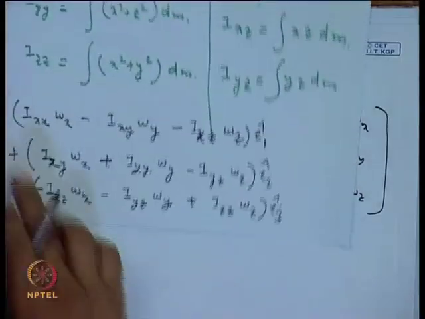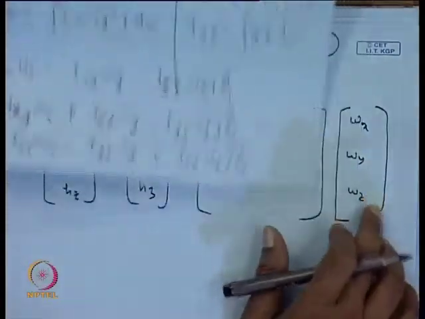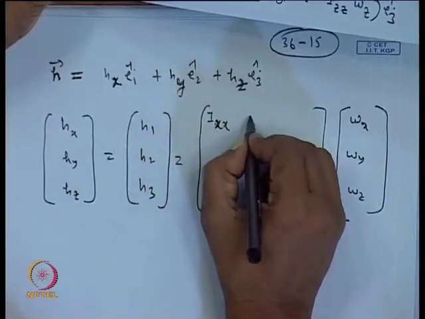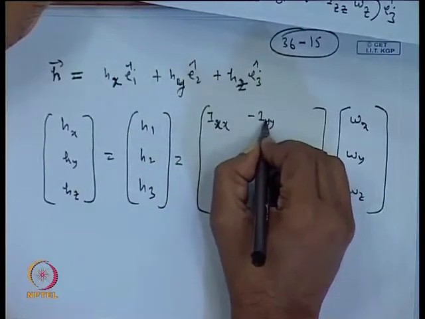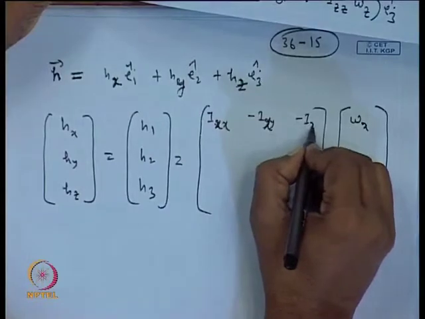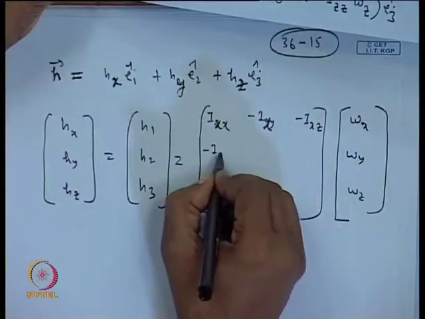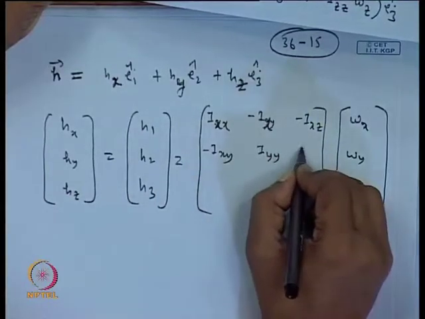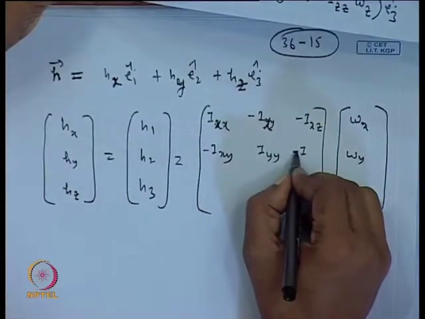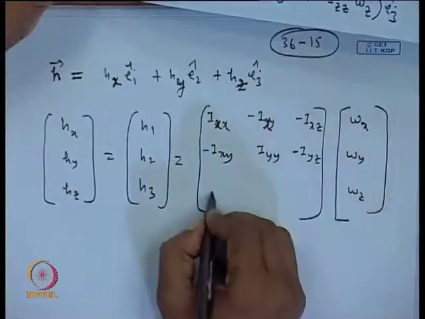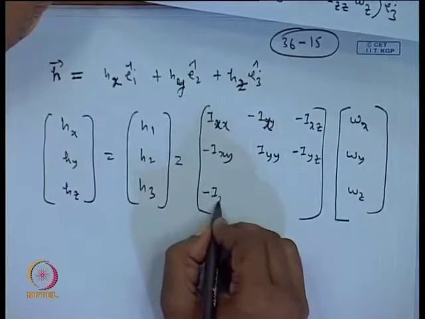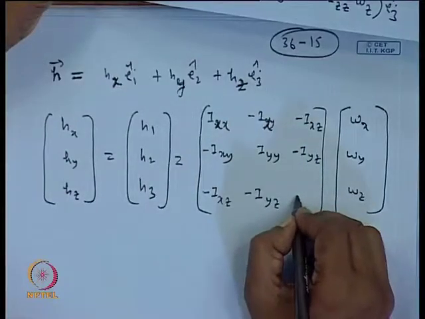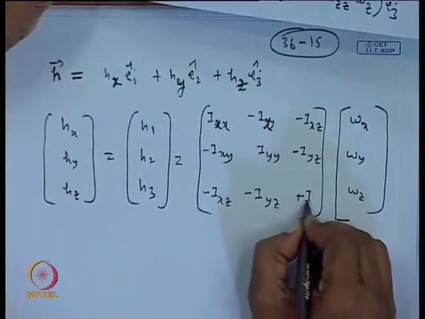Okay. And put all the terms from here to here in this place. So, this will give you I_xx, minus I_xy, minus I_xz. Here you get minus I_xy, I_yy and minus I_yz. Similarly, here you get minus I_xz, minus I_yz and plus I_zz.